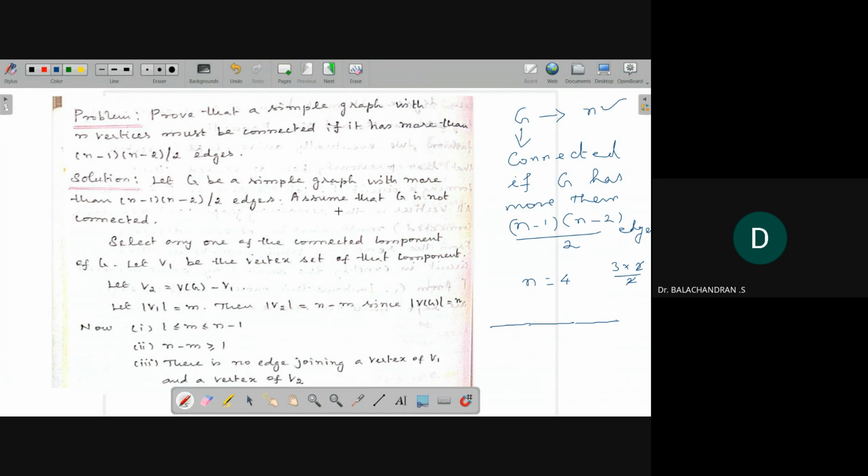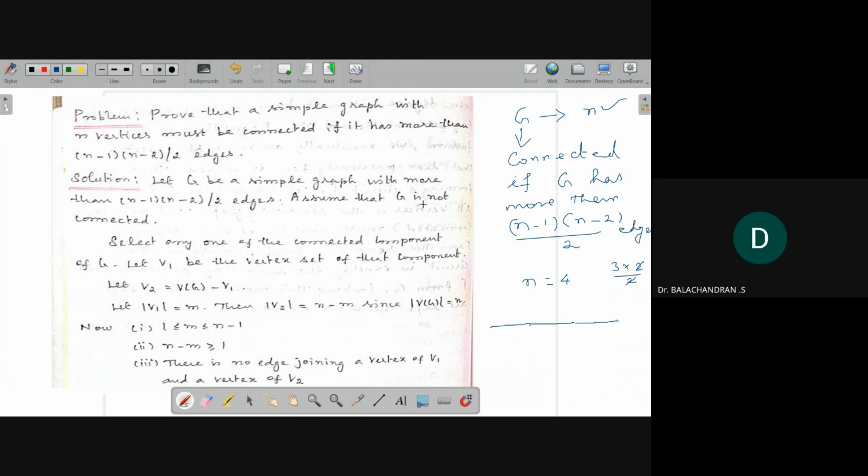Under this assumption, we will finally get that G has at most (n minus 1)(n minus 2)/2 edges, which contradicts the assumption. Hence G is connected. This is the idea.